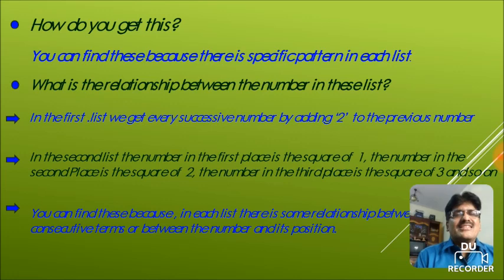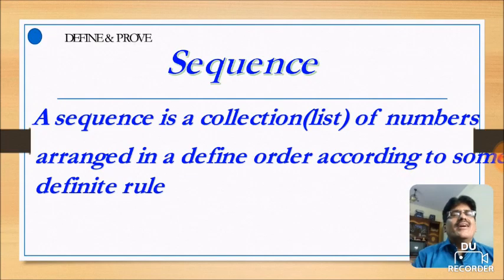Yes, first number is the square of 1, second number is the square of 2, third number is the square of 3 and so on. In each list there is some relationship between these numbers, and this is called a pattern. In other words, it is called a sequence.